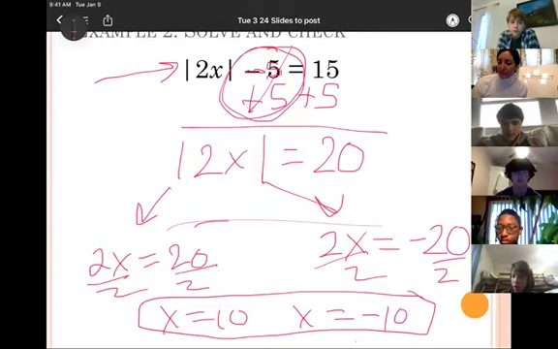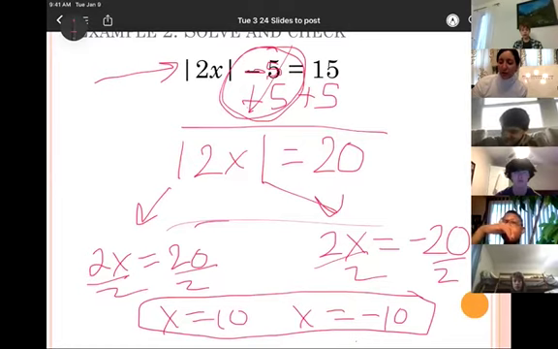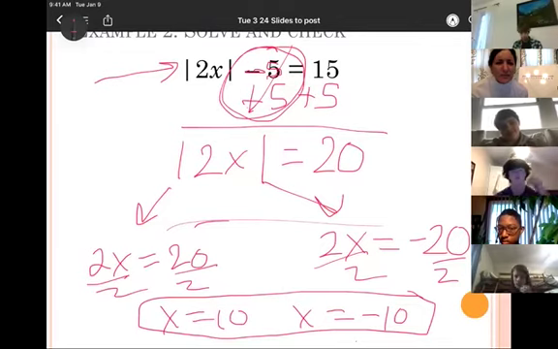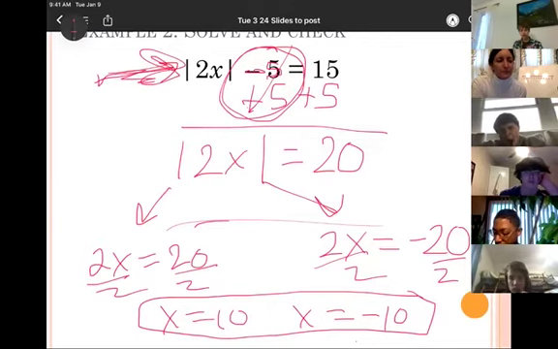Does this make sense that if I put positive 10 in there, I have 2 times positive 10? I get 20 absolute value, subtract 5. Why does negative 10 work? Who can explain to me why negative 10 works in this equation? Go back to the original equation.